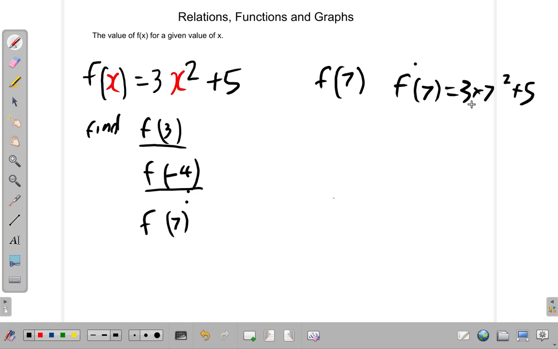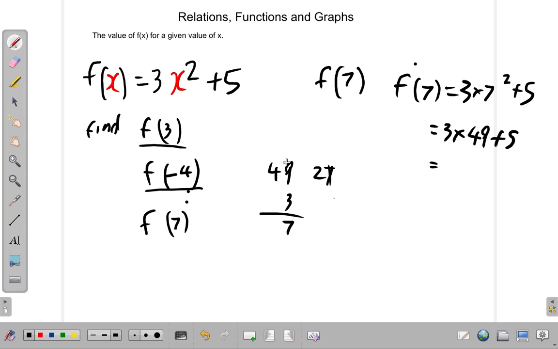So f of 7 is equal to 3 multiplied by 7 squared plus 5. F of x was 3 multiplied by x squared plus 5, but f of 7 is 3 multiplied by 7 squared plus 5. So what we have here now is 3 multiplied by 7 squared, which is 49, plus 5. So 3 multiplied by 49 is what? 3 multiplied by 9 is 27.